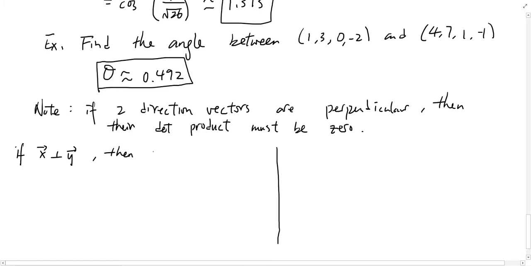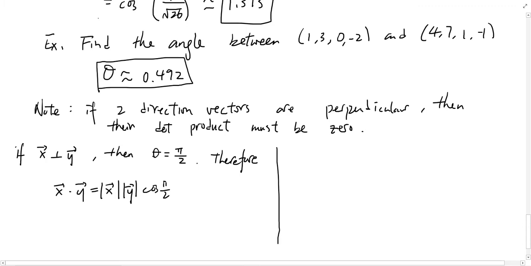So if they are perpendicular, then I can say that the angle between these two vectors would have to be pi over 2. And therefore, when I do the dot product between x and y, that becomes the length of x, length of y, cosine pi over 2.